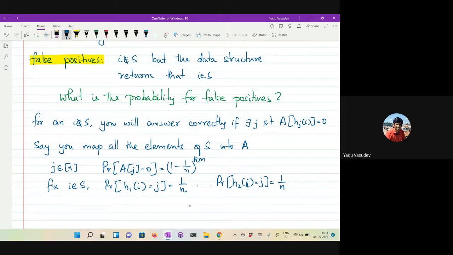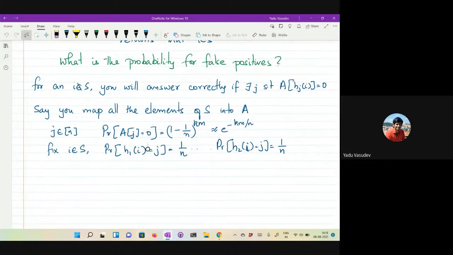So if you notice, this is approximately e to the power minus km over n, by our approximation as n tends to infinity, right? So this is the probability that a particular bin, a bit, is actually 0, correct?